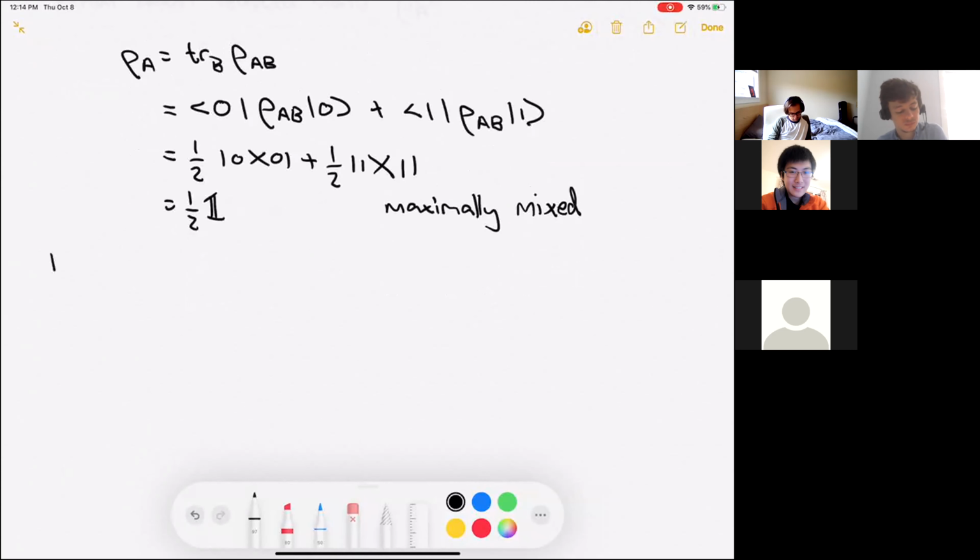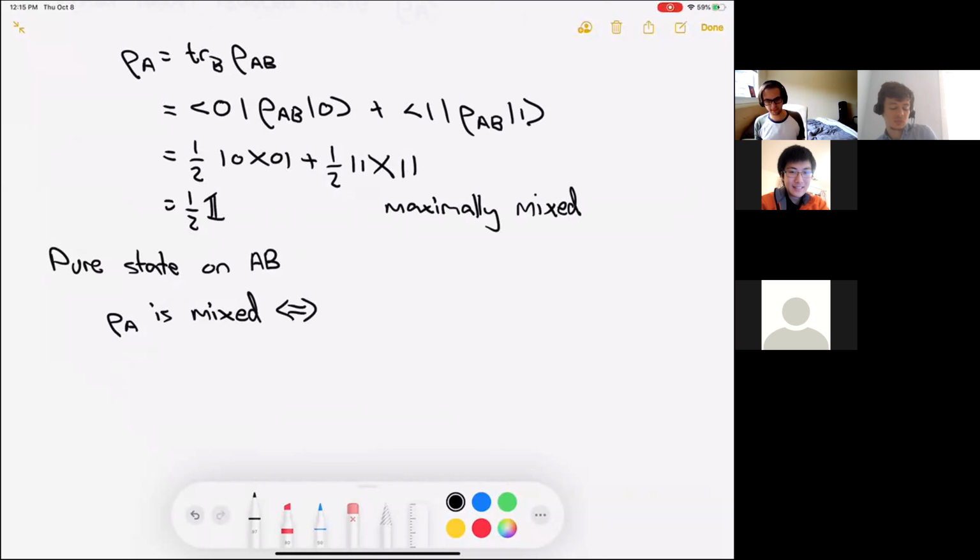If we have some pure state on AB, then we find that the reduced density matrix, rho A, is mixed if and only if the pure state was entangled.